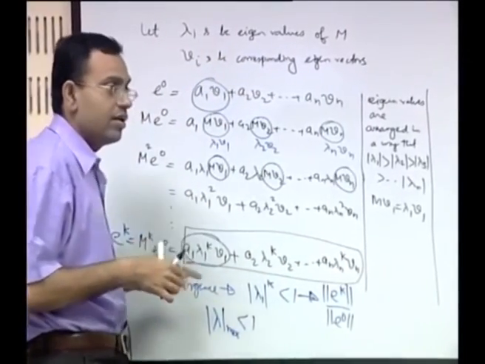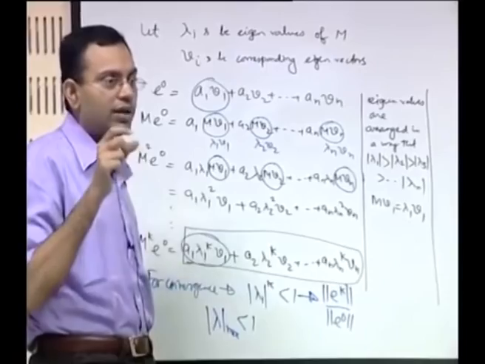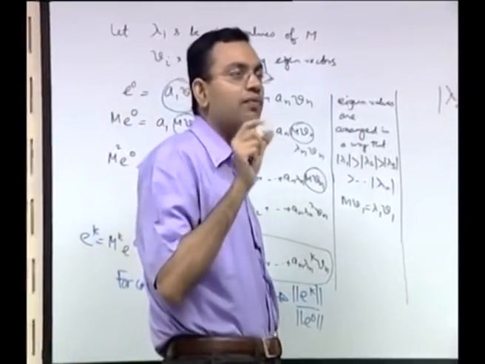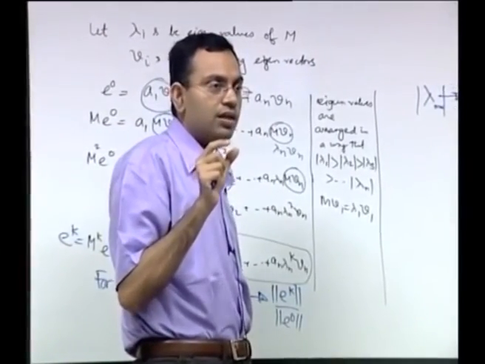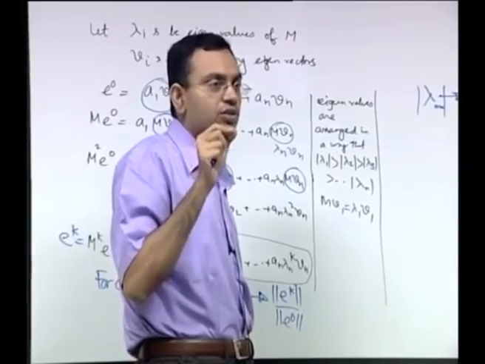But in general, what does this implicate? It implicates that whatever the eigenvalues of the matrix M are, the maximum of that should be less than 1.